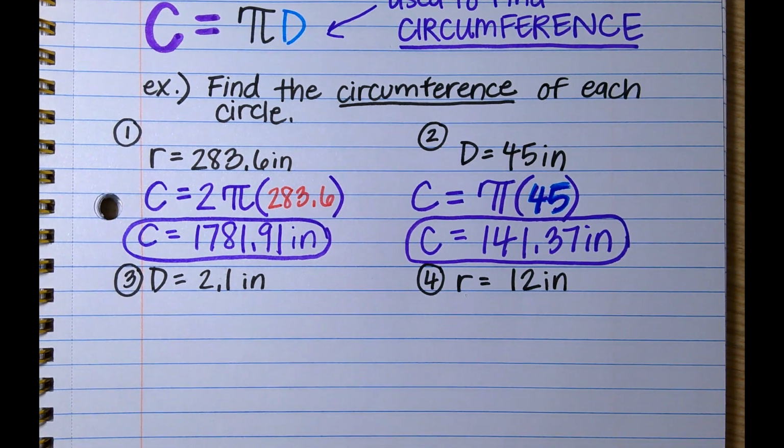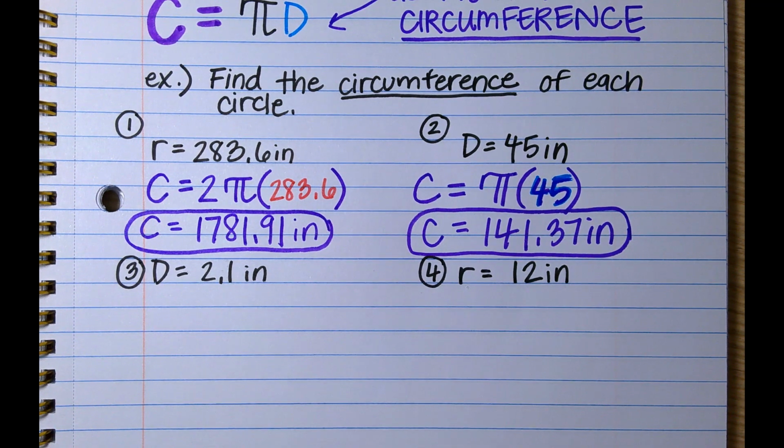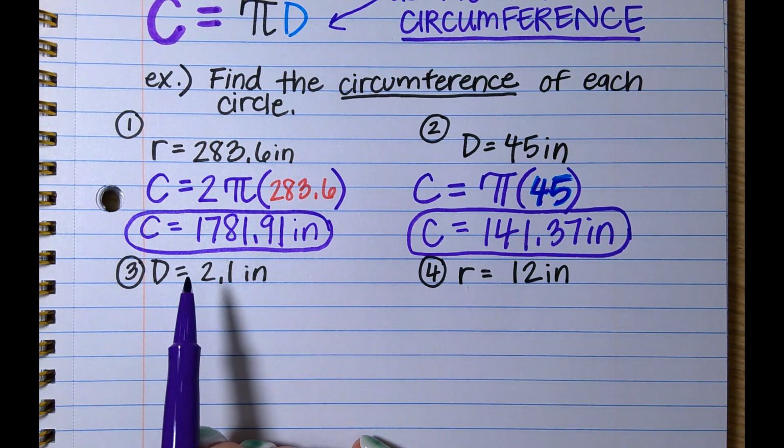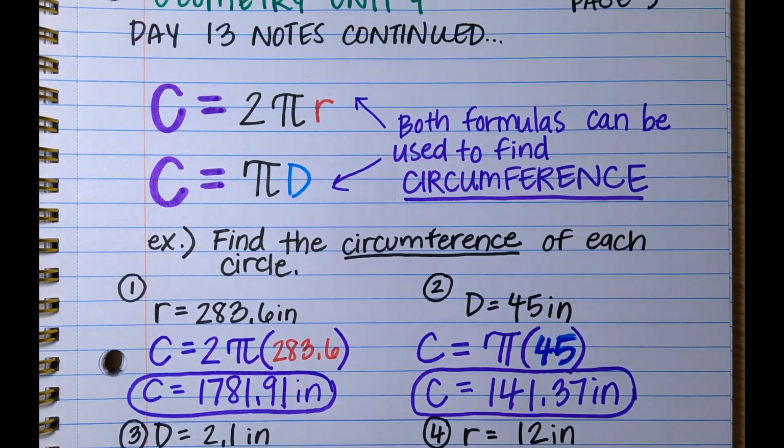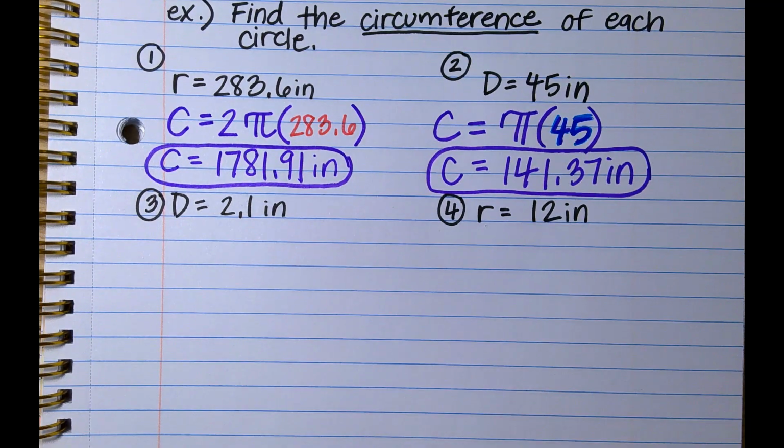Okay, I would like for you to try 3 and 4 on your own. Pay attention to whether you're given a diameter or a radius, and that will decide which formula you use. Okay, so try 3 and 4 on your own.